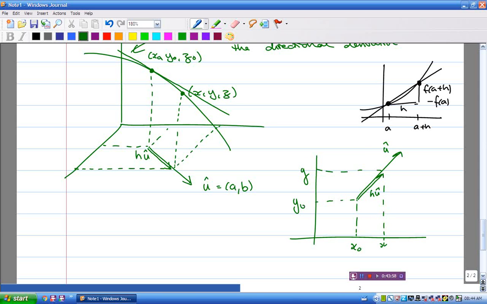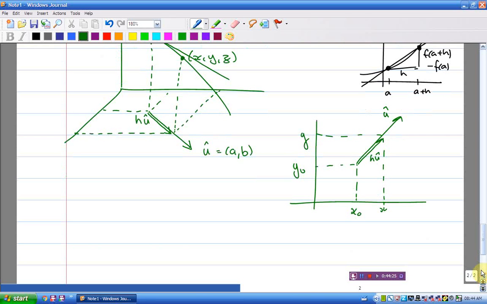Okay, so I wanted to talk now about why we want U to be a unit vector. No, I'm not ready yet to talk about why it's a unit vector.